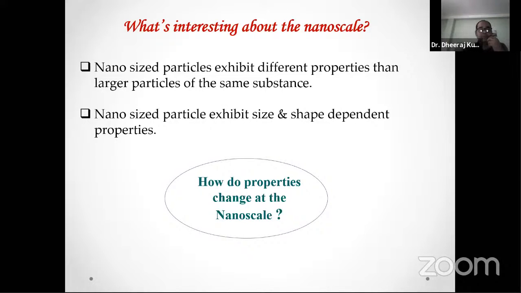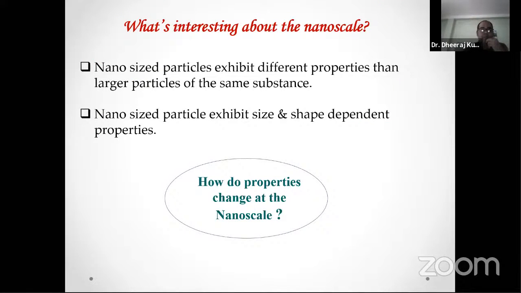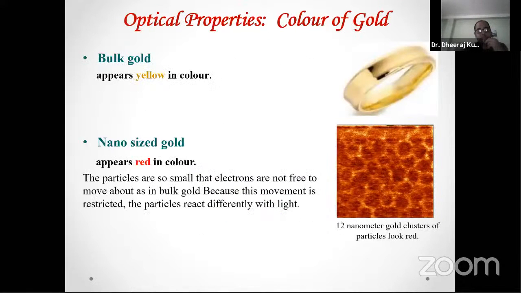All these properties depend upon two parameters, size and shape, because when size or shape changes, physical properties also change. A simple example: in bulk phase, gold appears yellow, but in the nano range its color changes and it appears red. This is because the electrons in gold particles are confined in a very small range, and that's why their properties change. Next slide.